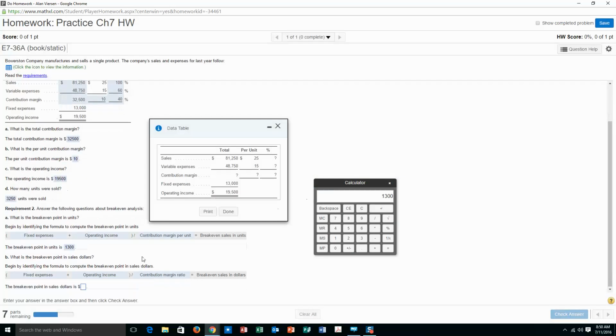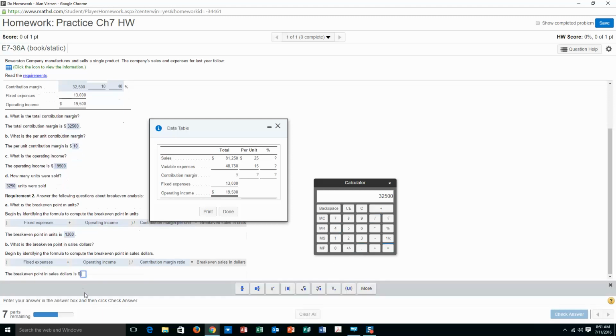So the break-even point in sales dollars is my fixed expenses of 13,000, divided by my contribution margin ratio, which you can see up here, 40% or 0.4.